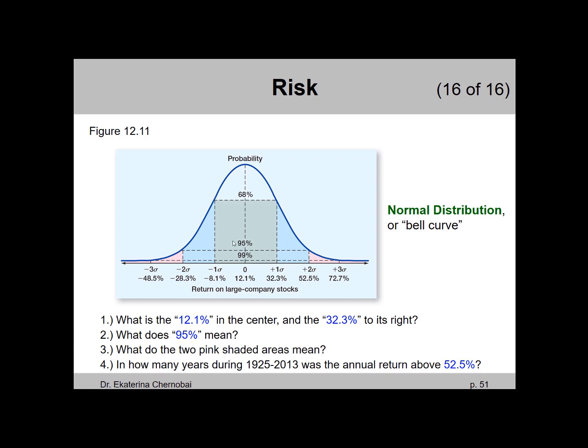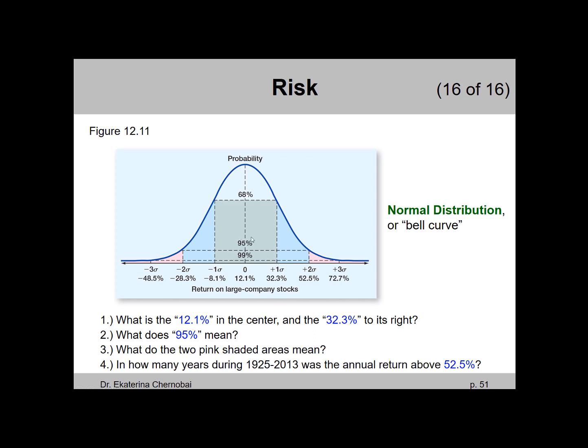And so 95% is within 2 sigmas, and what's beyond 2 sigmas on both left and right is the remaining 5%. And because the bell curve is symmetric, each of the pink shaded areas must be the same area.